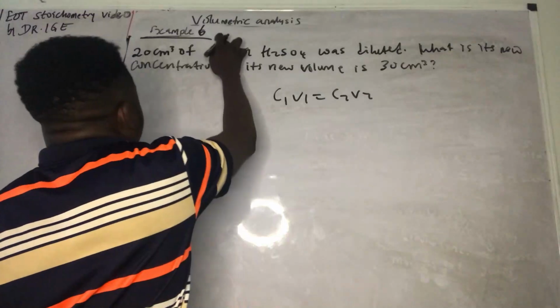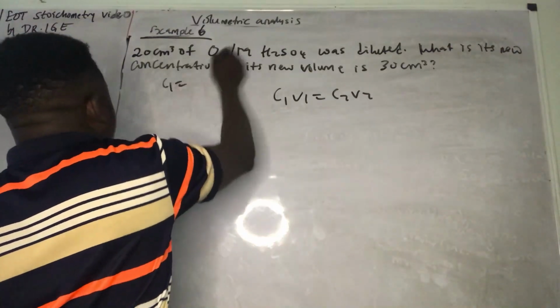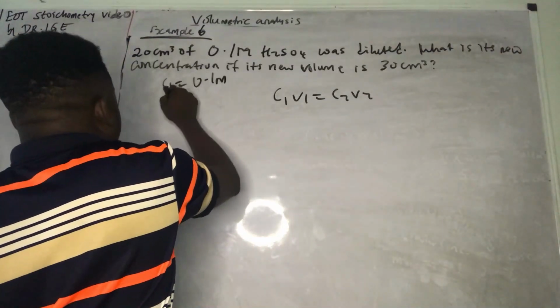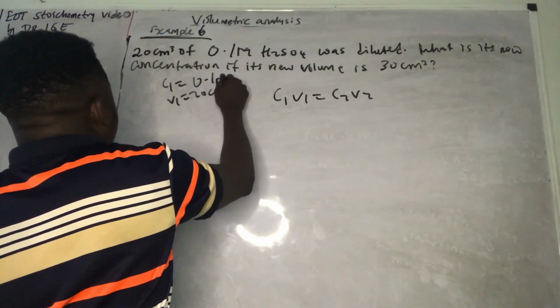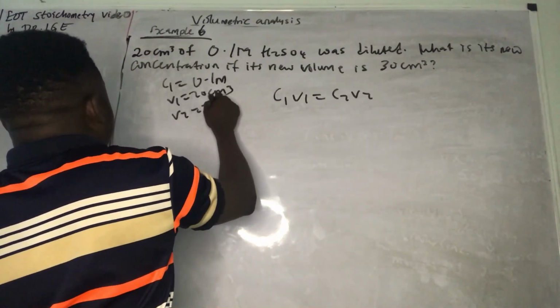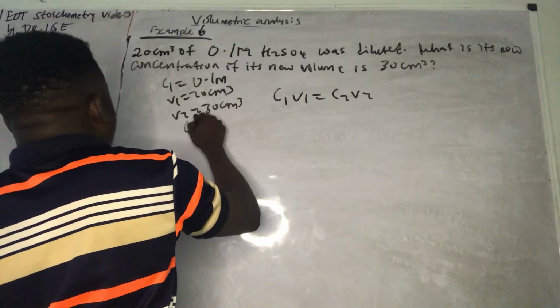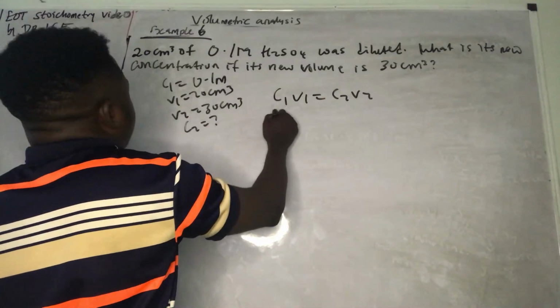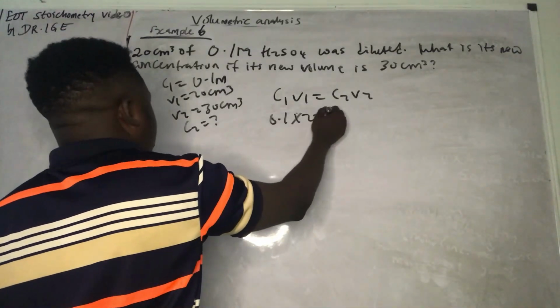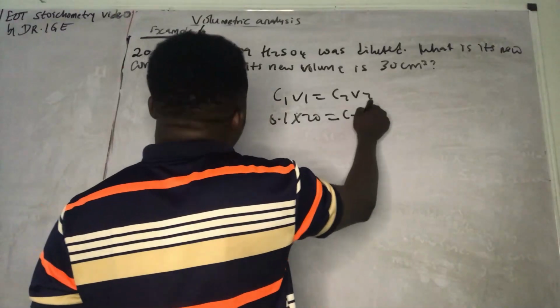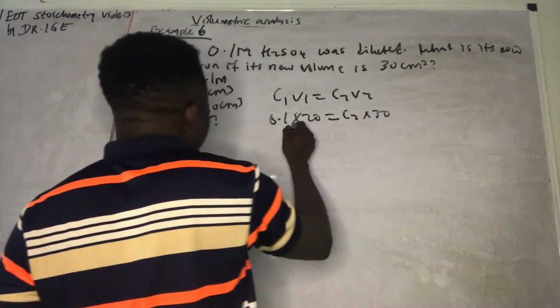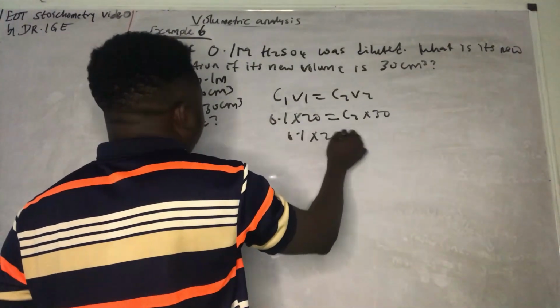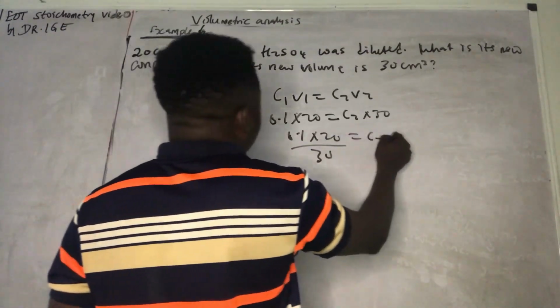Look at C1, this value. C1 here is the first concentration, 0.1. V1 is this first volume, 20. V2 is 30 cm3. What is C2? We don't know. So 0.1 times 20 equals C2 times 30. So we have that 0.1 times 20 all over 30 is equal to C2.